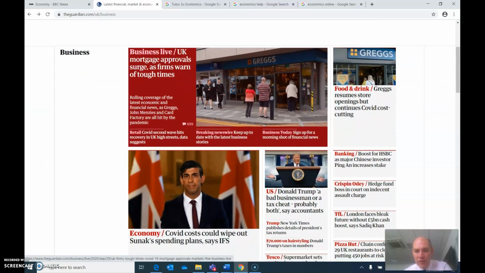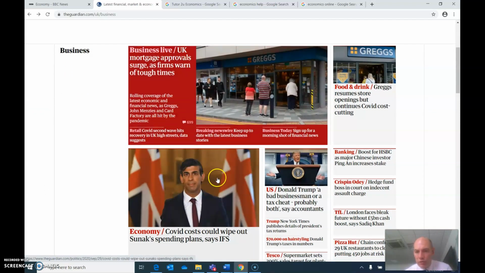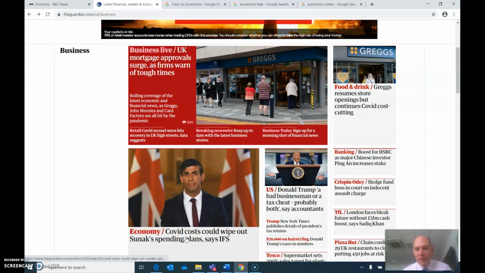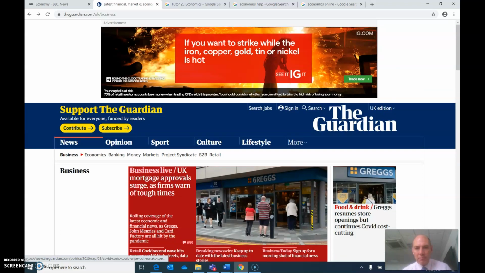So again, you choose something that you're interested in, but at the bottom here, Sunak, the current Chancellor of the Exchequer, the cost could wipe out his spending plans, is what the IFS is saying. So that means the money we're spending on COVID means we're not going to maybe develop education or healthcare or transport. So that might be something that you guys want to write about.